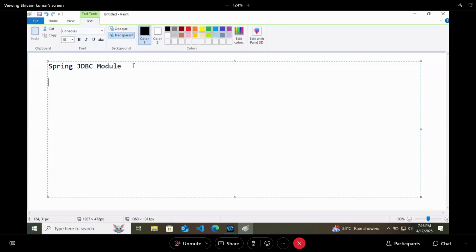Now we are starting the JDBC module of Spring. JDBC is Java Database Connectivity. Now I will start the discussion here with very simple terms.